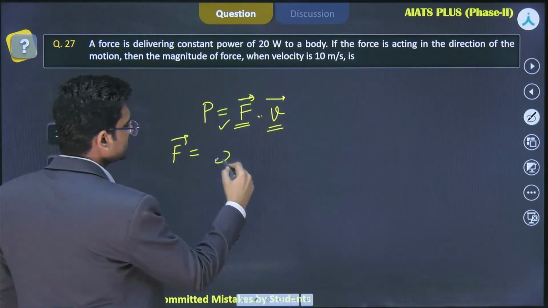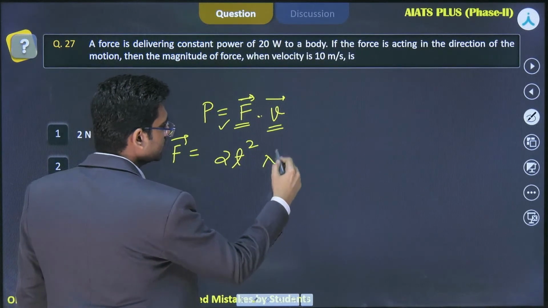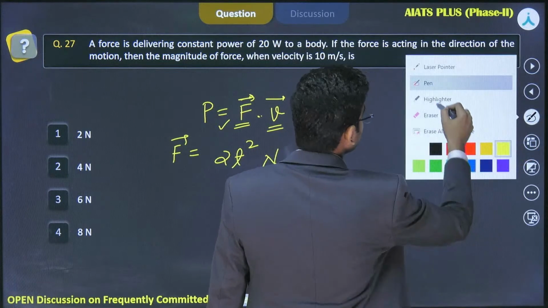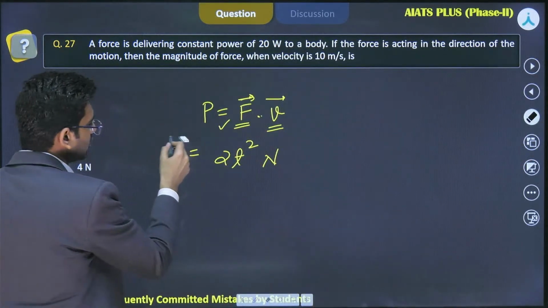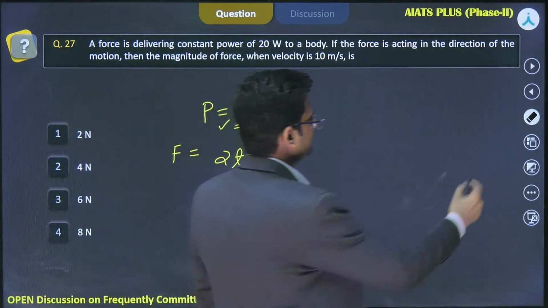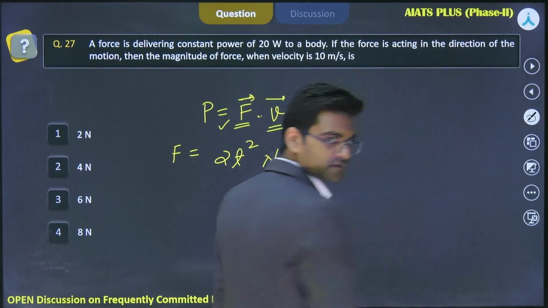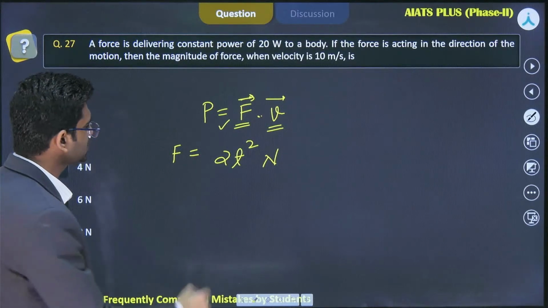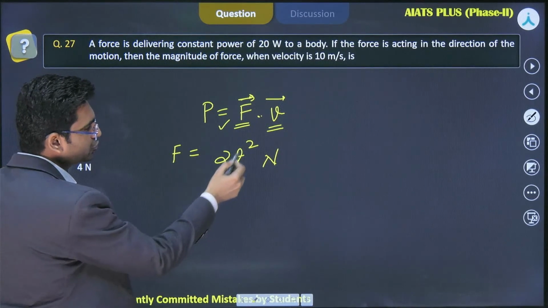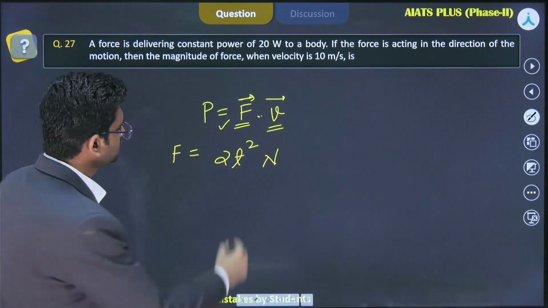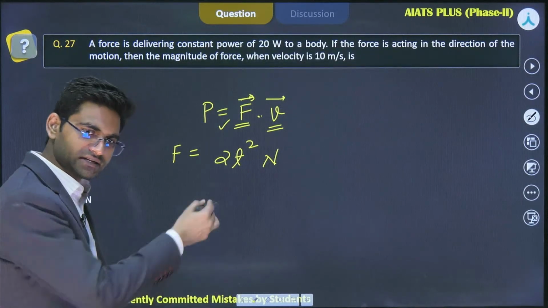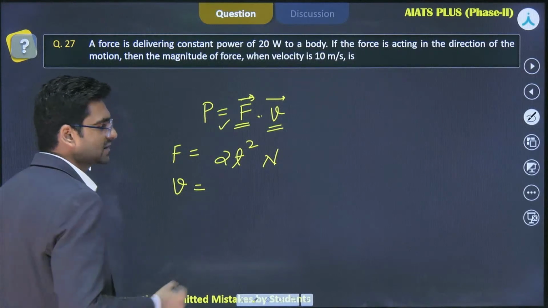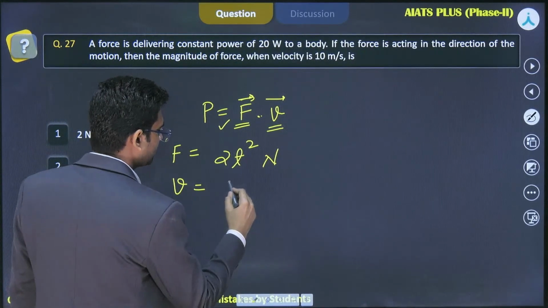Let's say it is equal to 2t square Newton, and I am taking this in x direction, so I can drop the vector sign here. Others also focus here. So if the force is variable, F is equal to 2t square Newton. It is dependent on time, hence it is a variable force. Now, at some point of time, let's say the velocity becomes 5 meter per second.